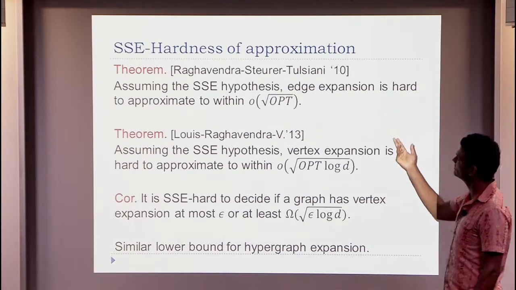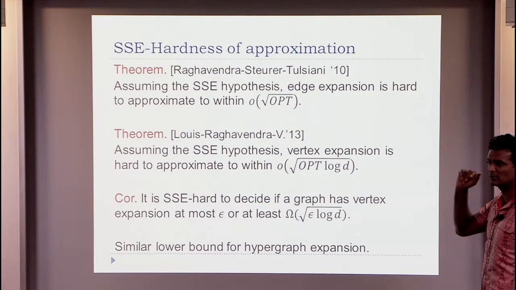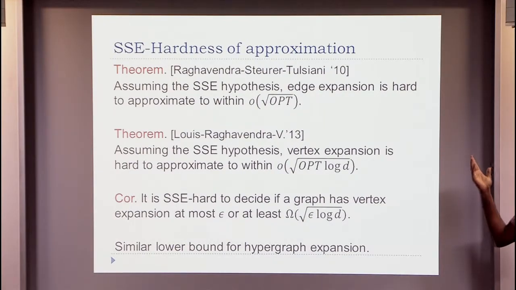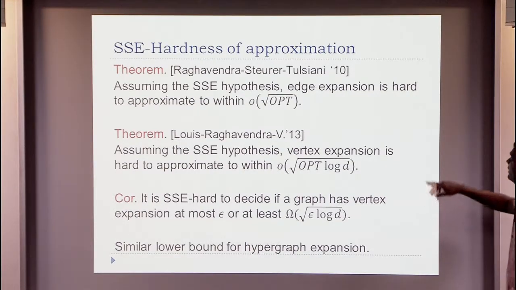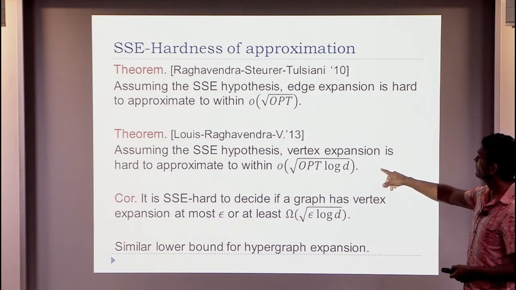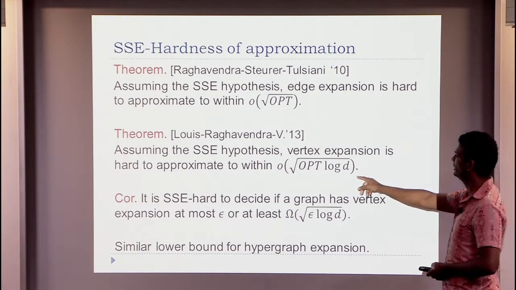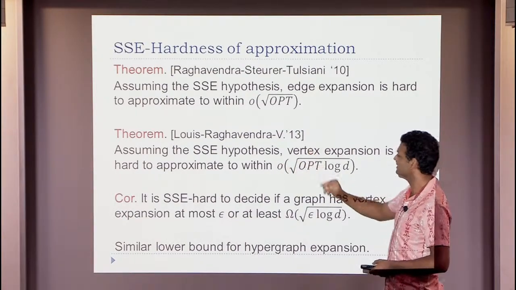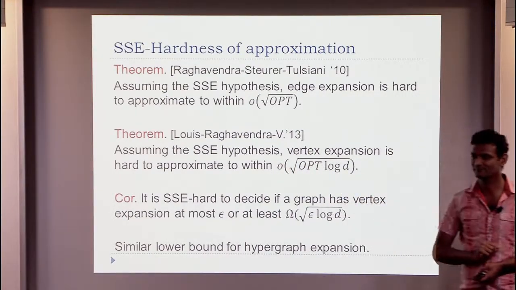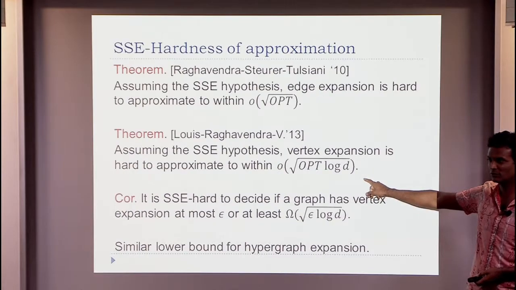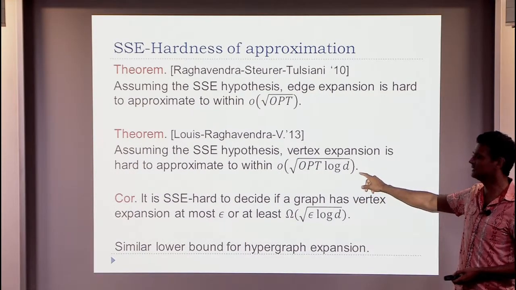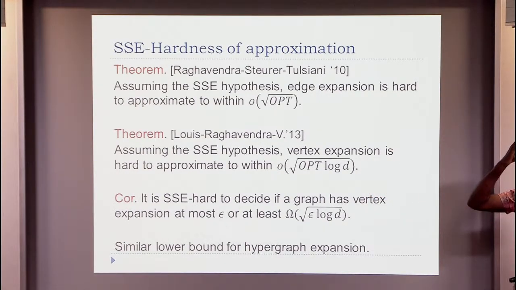So for expansion, we have basically no lower bound, right? I mean, we cannot prove 1.01 hardness. We cannot prove hardness for n to the log n. What we managed to do is that for vertex expansion, in fact, it's square root of log d. This is the upper bound I just showed you. So if you want to do better than this, you better do better on small set expansion.